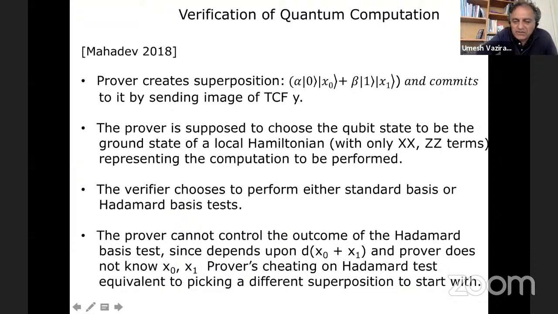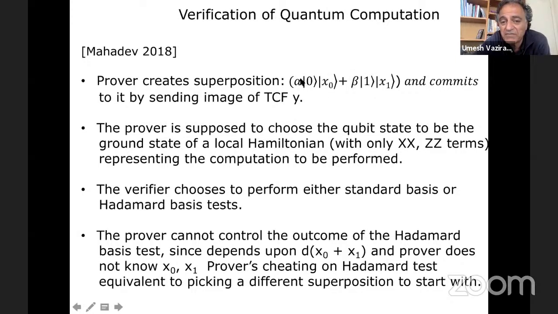So the difference now is that the prover, instead of creating an equal superposition over pre-images, now creates a superposition of their choice, alpha 0 plus beta 1 on the pre-images.